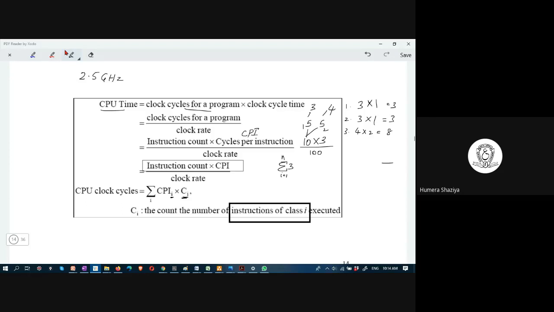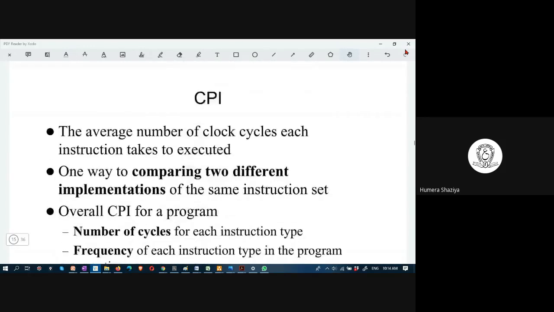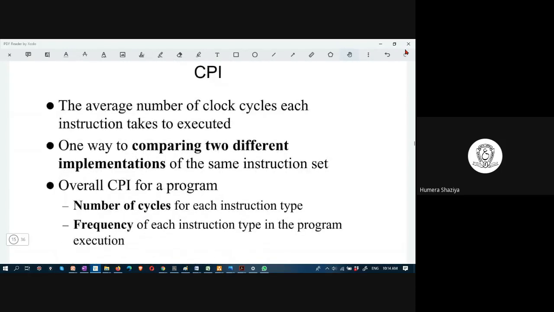And if it comes out to 15 plus 40, 55. So the total number of CPU clock cycles required to execute that particular program would be 55. This is how that calculation would be carried out.